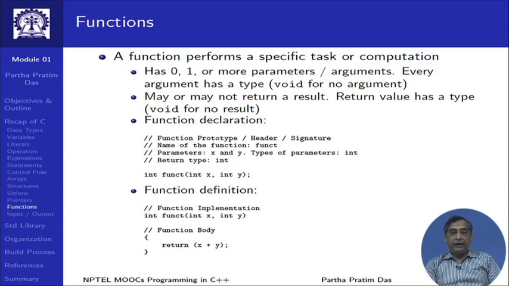Now, when we are ready to specify what this function will compute, or how this function will compute the result from the parameters, then we provide the function body, which is a compound statement. So, it is a pair of curly braces within which the function body has to be written.